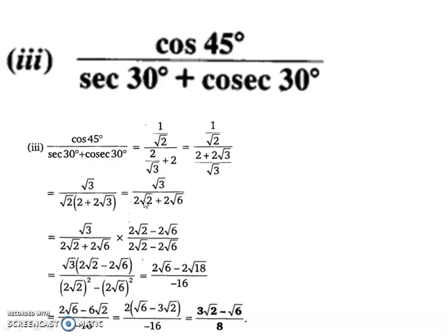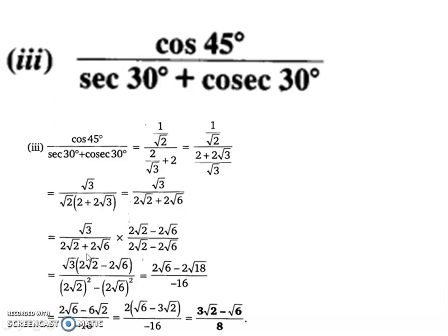How did you get root 6? Root 2 into root 3 is root 6. Clear?